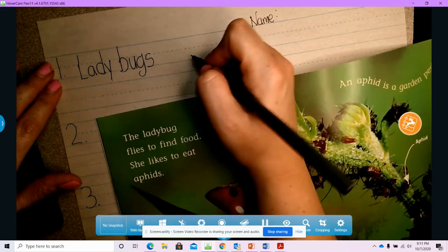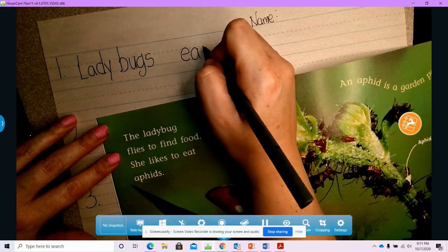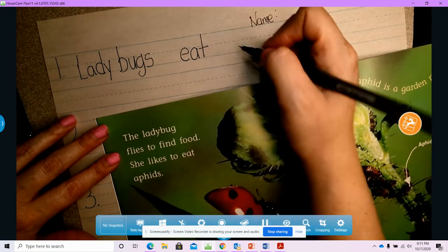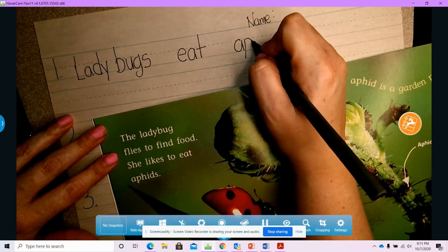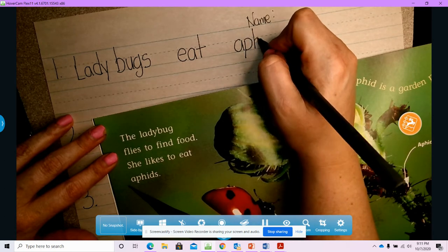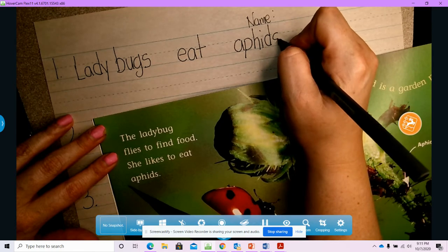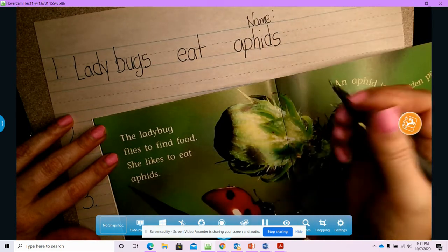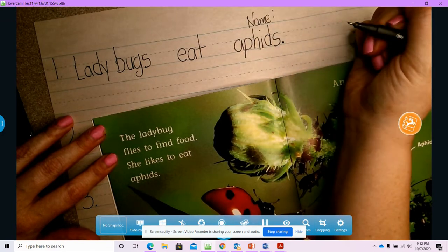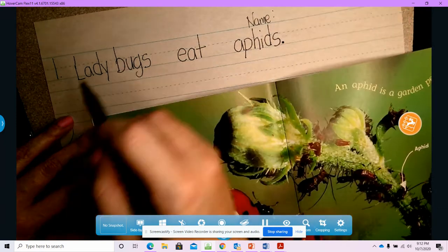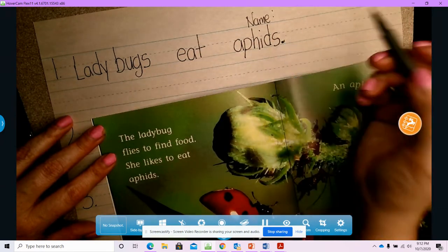Ladybugs eat aphids. I think that's an interesting fact. I learned from the book I read that ladybugs like to eat aphids. And because this is a sentence, it needs to start with a capital letter and it will end with my period.